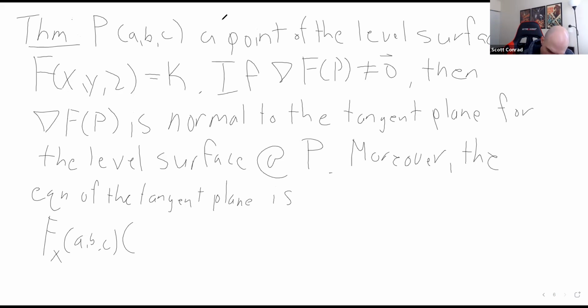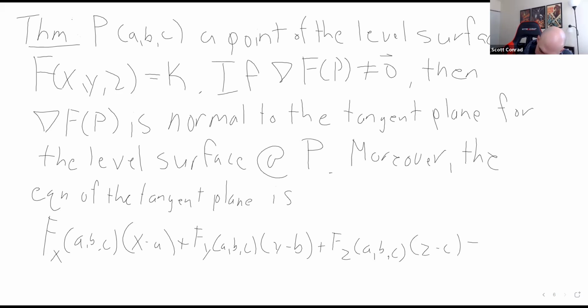So the partial of f with respect to x times (x minus a), plus the partial of f with respect to y at our point times (y minus b), and then the partial of f with respect to z times (z minus c) equals 0.